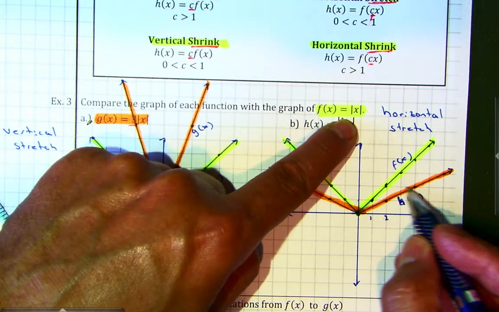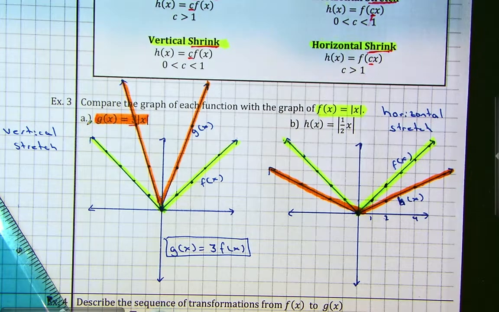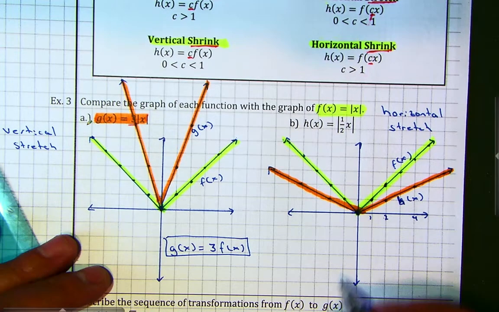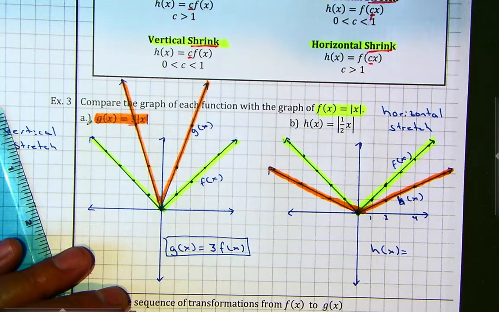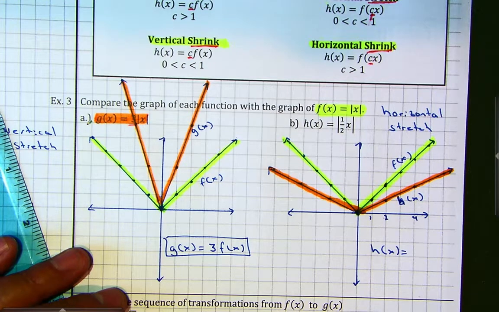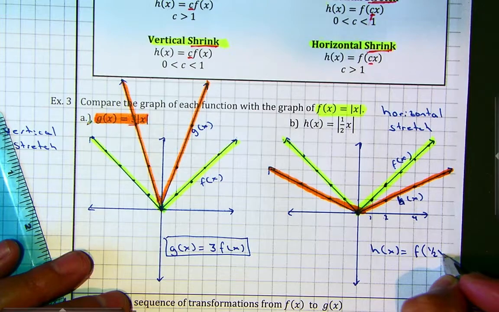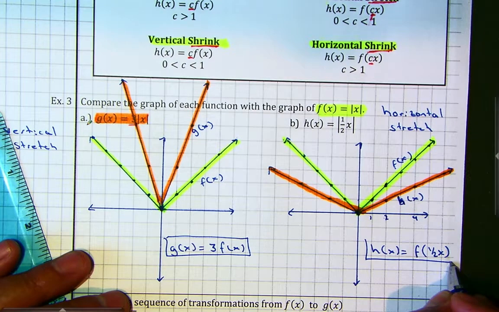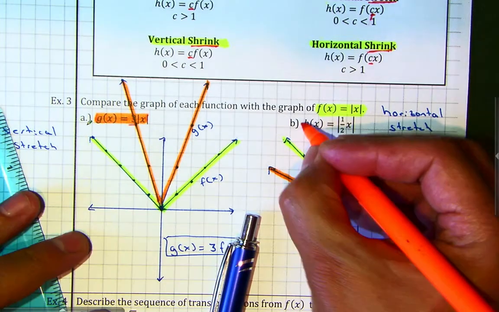So that's why this point corresponds to this one. Once we go into the sine and cosine graphs, it'll be easier to visualize it. So for now, h of x is equal to, how can we write it in terms of f of x? It'll be f of 1/2 x. And in this case, I highlight purple, orange.